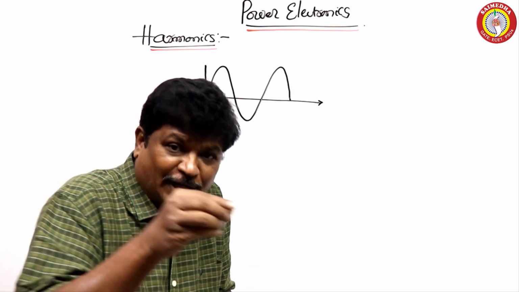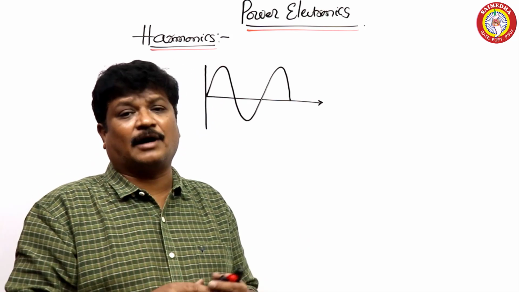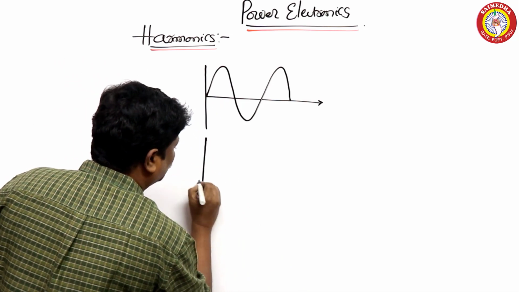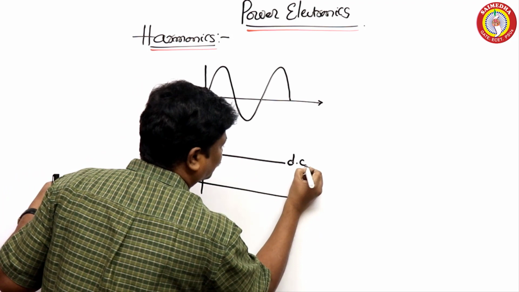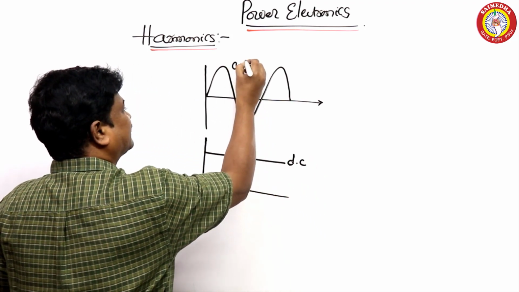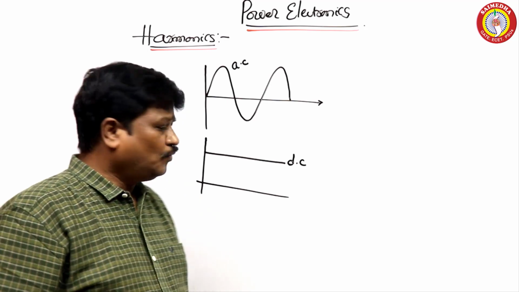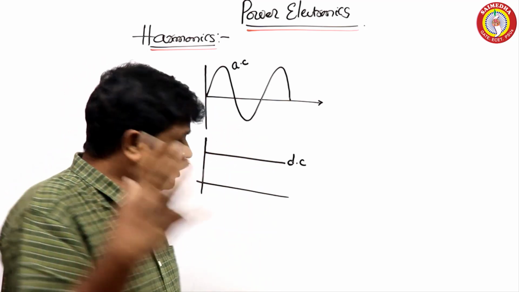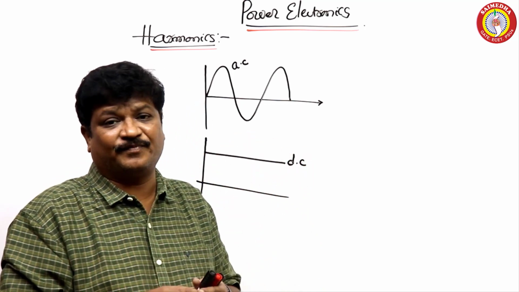Otherwise, your cell phone, a TV, some electronic components, those DC motors or similar devices expect a DC supply like this, and the AC supply like this. In our power electronic circuits, will we be able to get this type of supply exactly? Not possible.